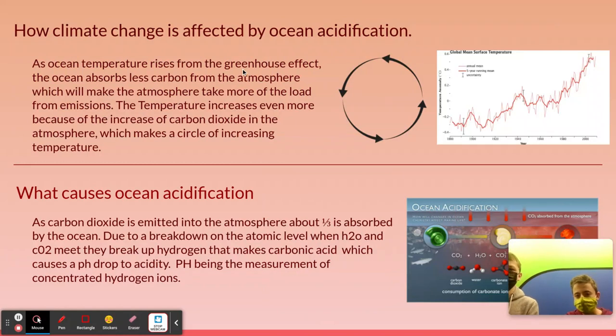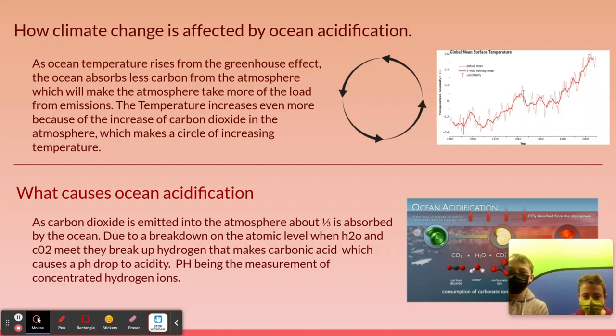How is this an issue exactly? As the ocean temperature rises due to these carbon fuels being emitted into the atmosphere, which is essentially the greenhouse effect, less carbon is absorbed by the ocean when it gets hotter.